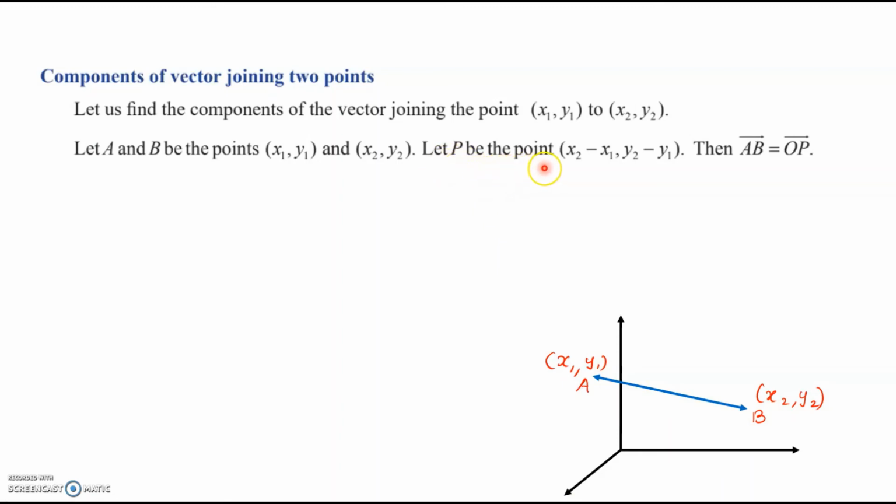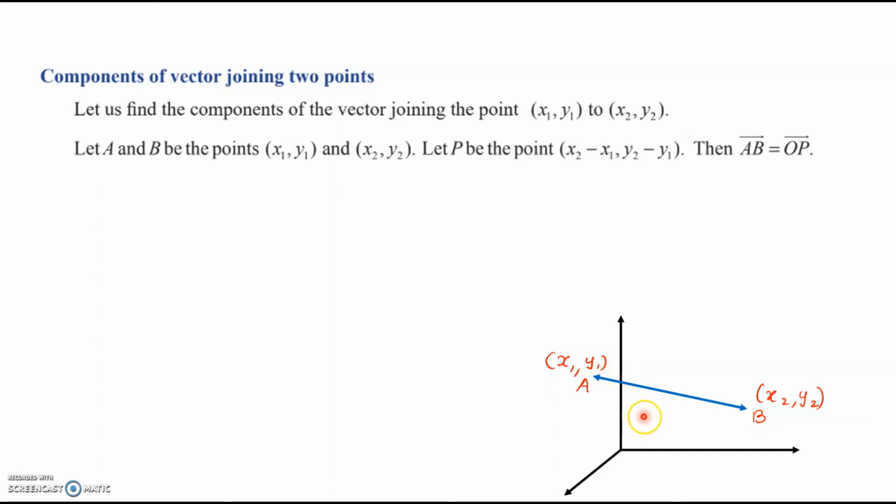Let P be the point x2 minus x1, y2 minus y1. So P will be a point with this value, which is the difference between x2 minus x1 and y2 minus y1.